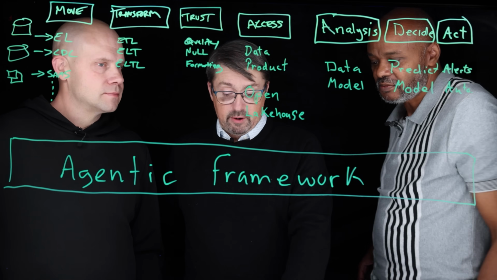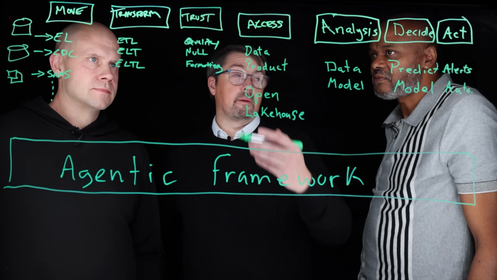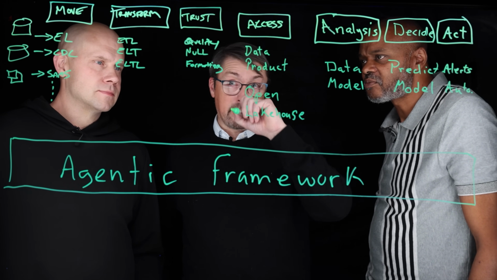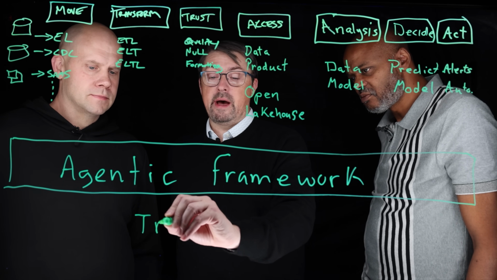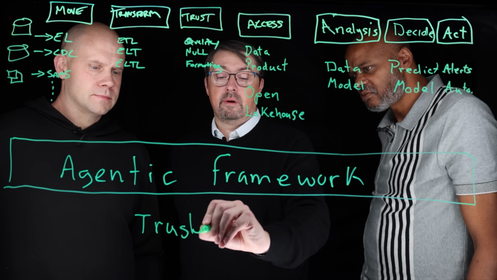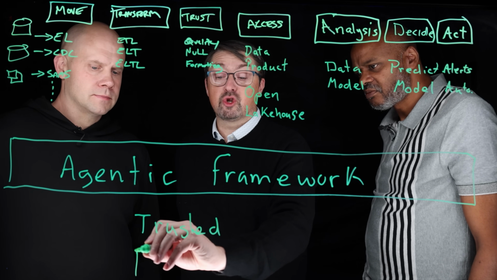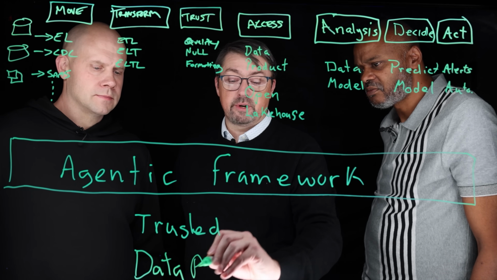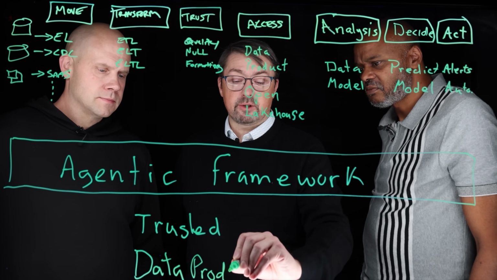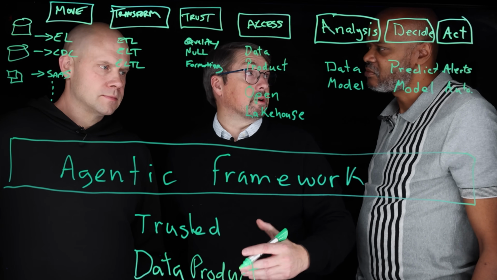So there are a couple of pieces of the puzzle here that I want to make sure we're calling out. First and foremost, if you go back to the above, it's all about trusted data products. Where Qlik has been traditionally very strong is applying trust scores to the data.